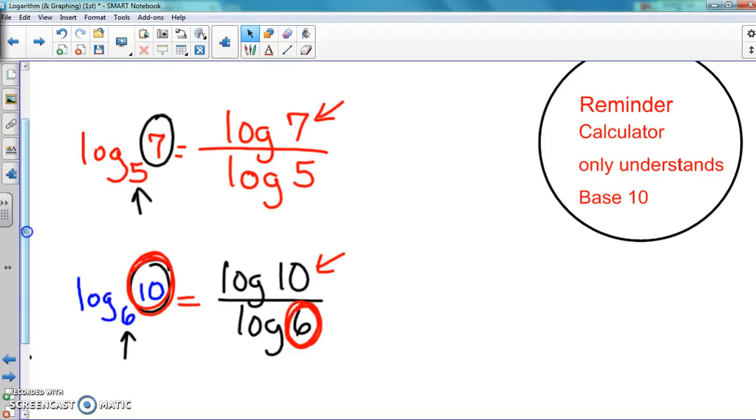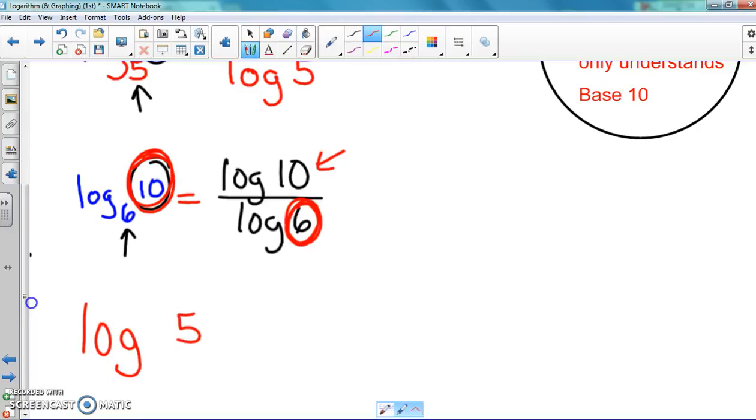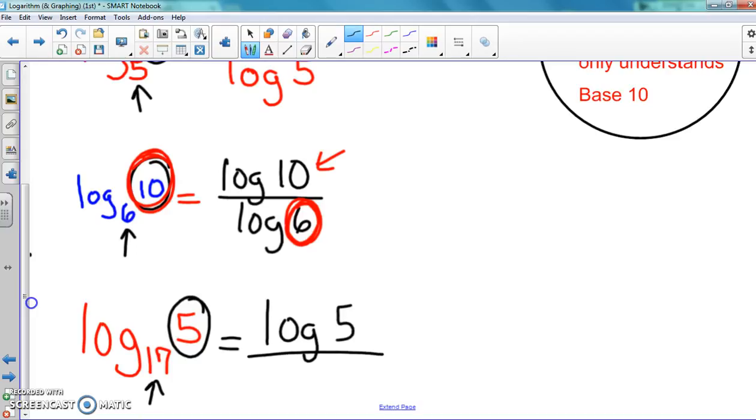And so let me also do another one here so that nobody's confused. Let's say log 5 base 17. Again, we do log of the big number back here, which is 5, divided by log of the base number, which is 17. So log 5 divided by log 17.